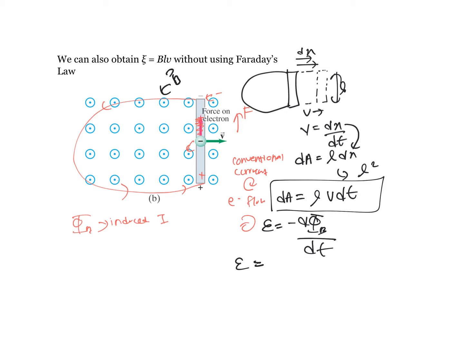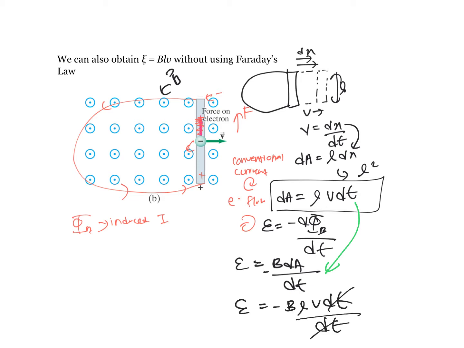So you get B dA over dt. Putting this in, EMF equals B L v dt over dt. Cancelling out the dt, at the end you get EMF equals B L v. This is the formula using Faraday's law.